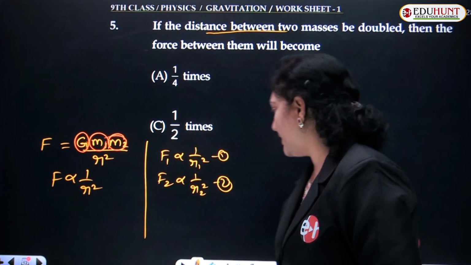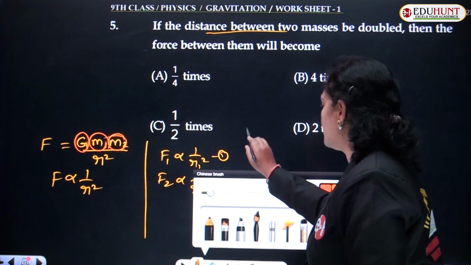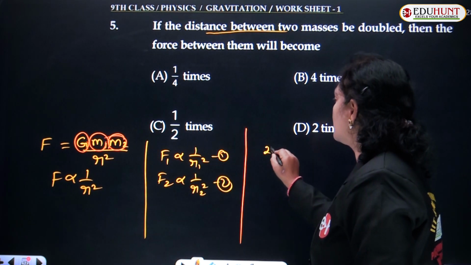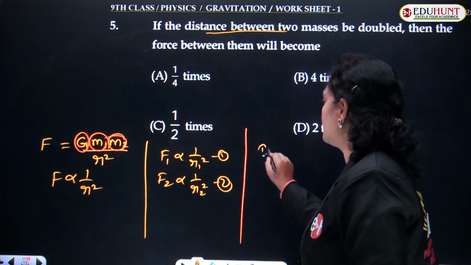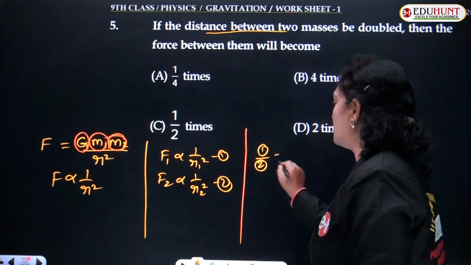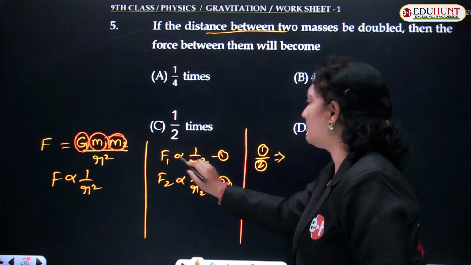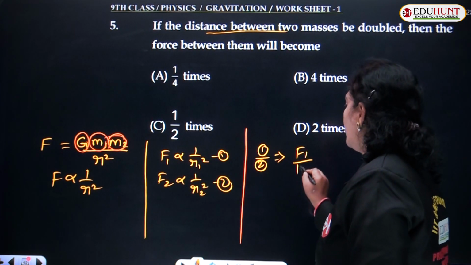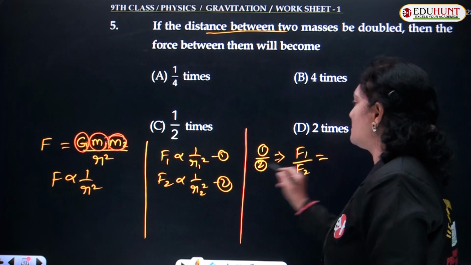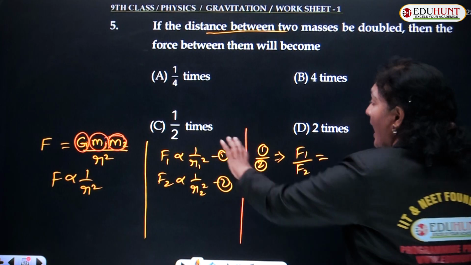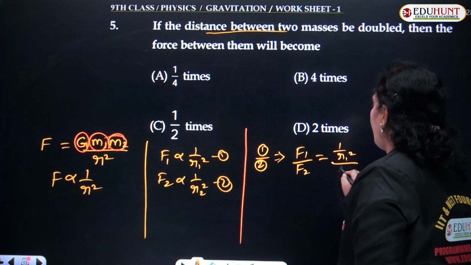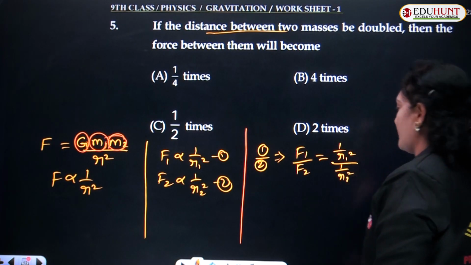Now, let us divide both the equations and see what happens. Dividing equation 1 by 2, what does it imply, children? F1 on the LHS and F2 on the LHS must equal the RHS part, 1 by R1 square whole upon 1 by R2 square.